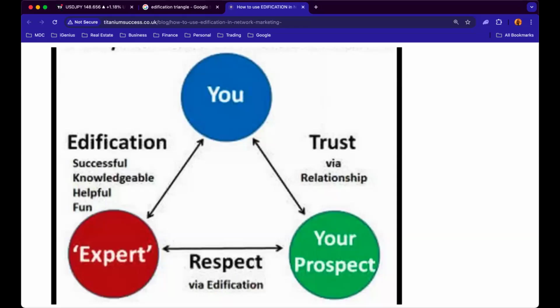I got you. All right. Boom, there we go. Okay, guys, can everyone see my screen? Little thumbs up. Boom. Okay, cool. So this is the edification triangle.